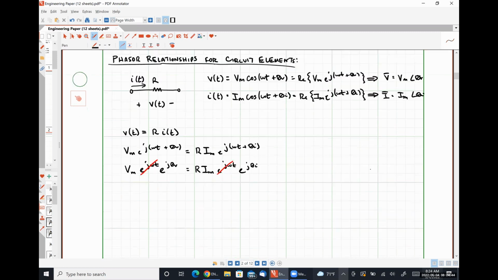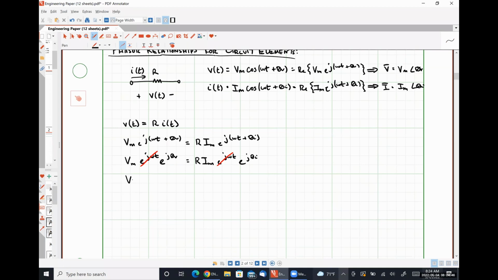Leaving us with Vm e to the j theta v is equal to R times Im e to the j theta I.